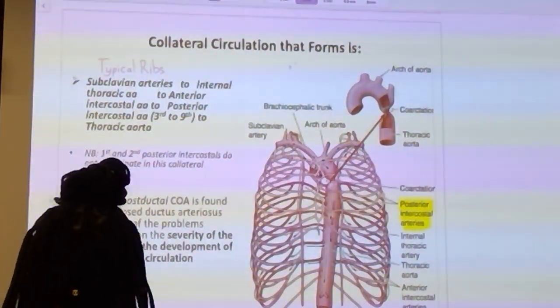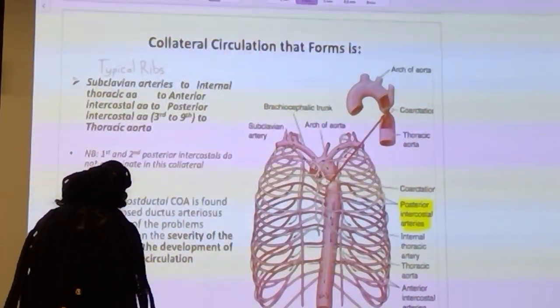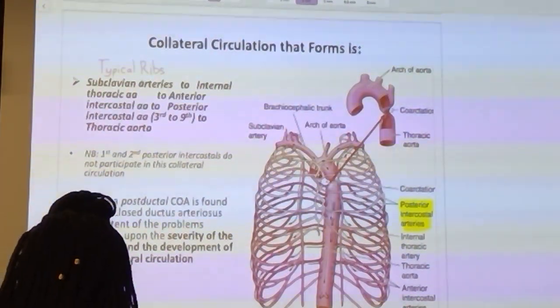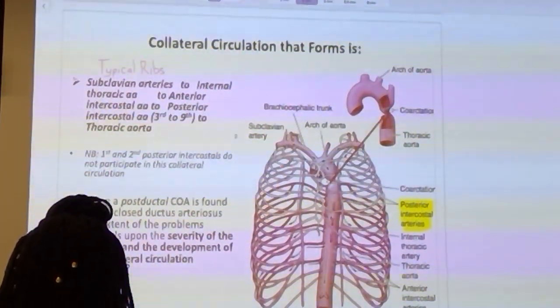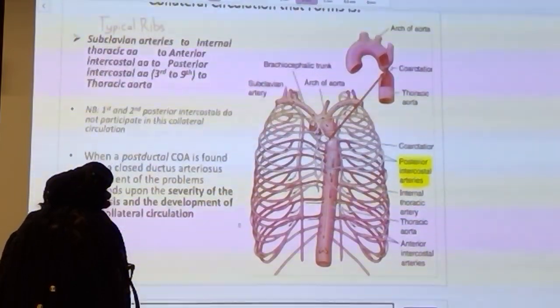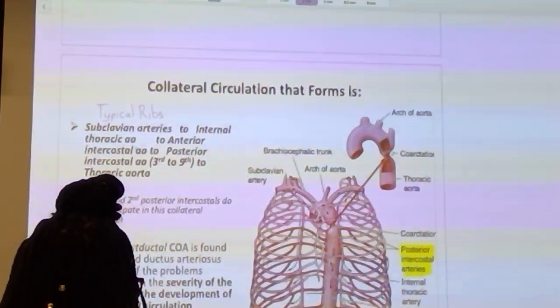Just know for the coarctation, it's the typical ribs that will have rib notching.